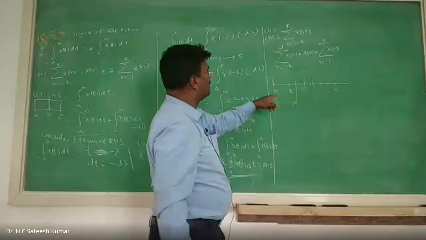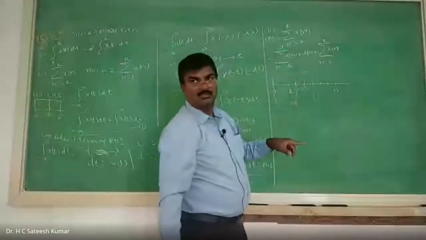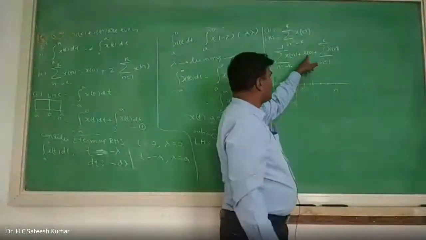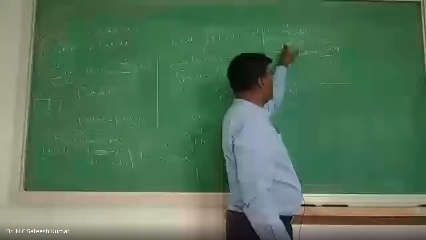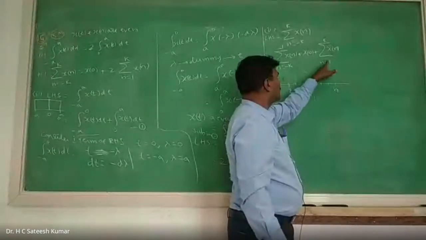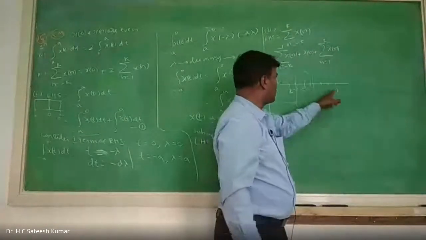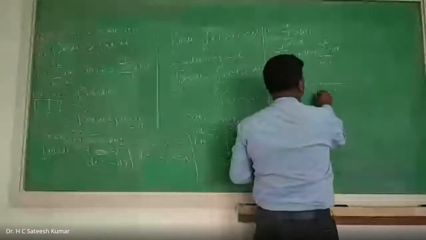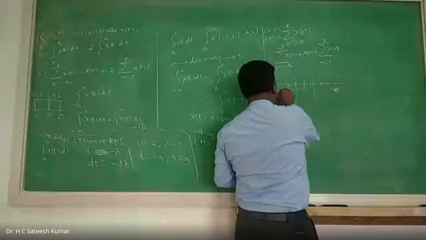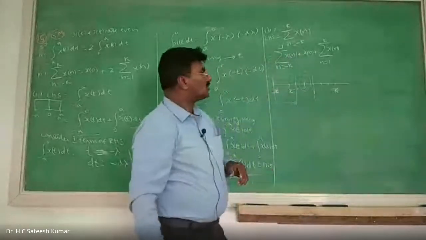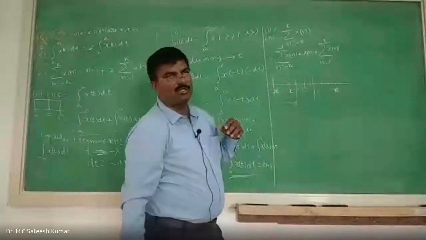That is the reason I have taken minus n to minus 1, and x of 0, and 1 to k. So therefore, we should be very careful while doing discrete.